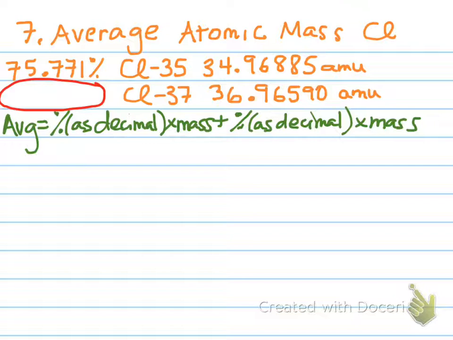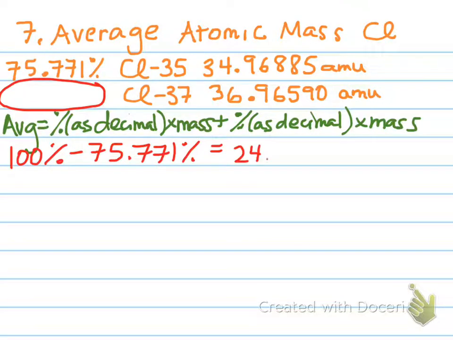So the idea is that because there's only males and females, let's say, in class, they have to total 100%. It's the same idea here. So to figure out this missing percentage, I'm going to do 100% and subtract my 75.771% to figure out that missing percent. Which ends up being about 24.229% when you put it in your calculator.